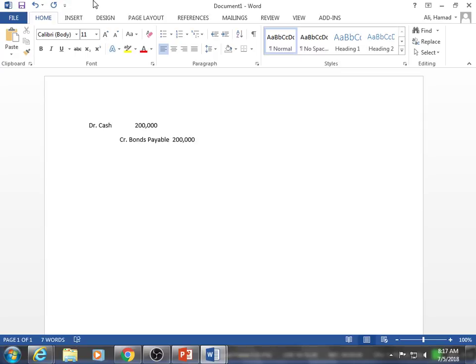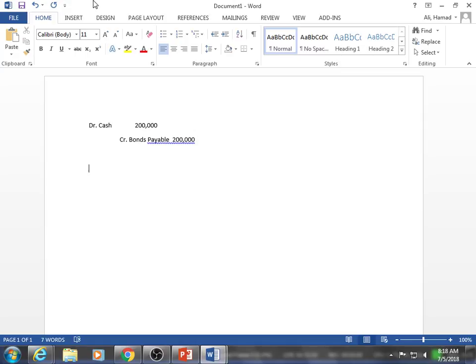Now the interest expense. Remember that when we issue bonds, we have to pay interest. The bonds were issued on January 1st, 2014.